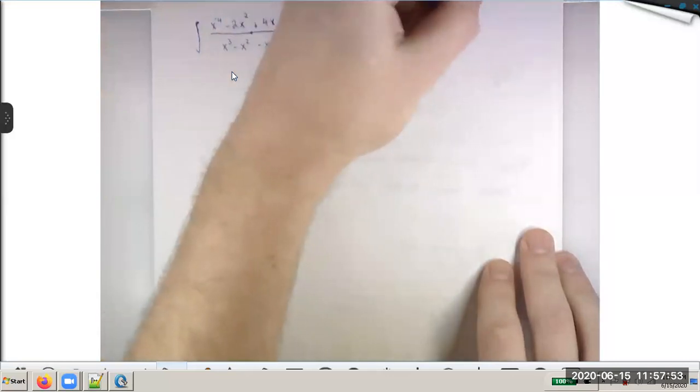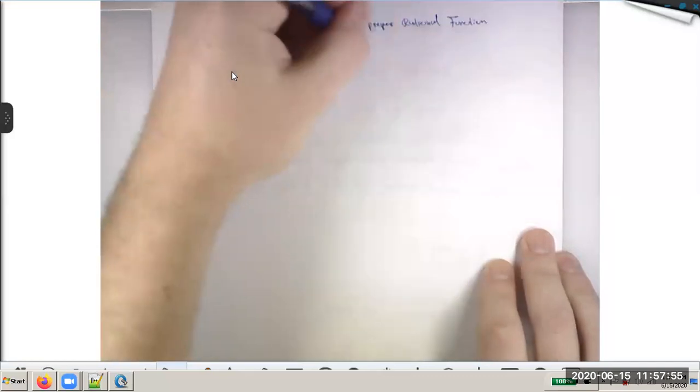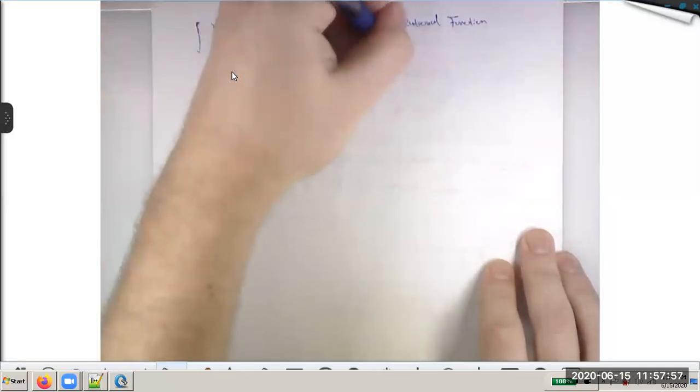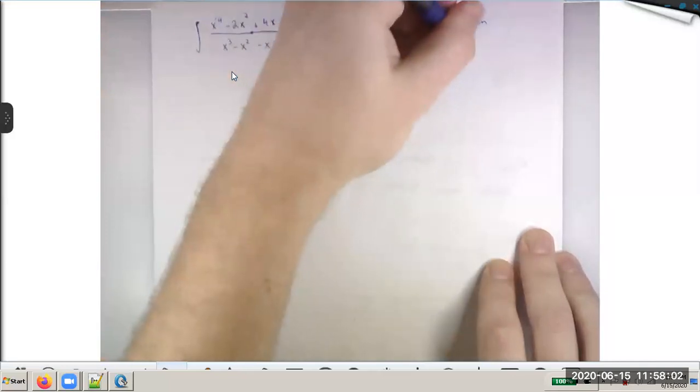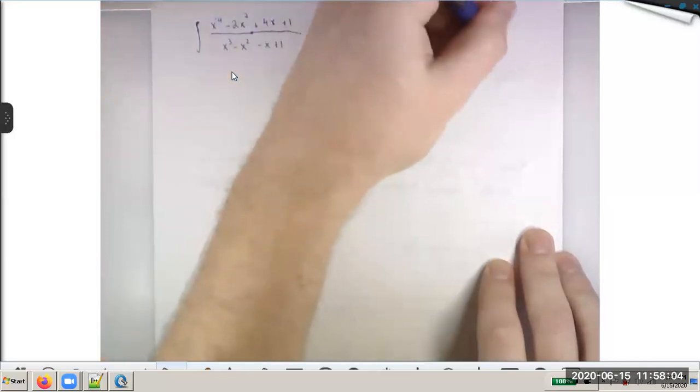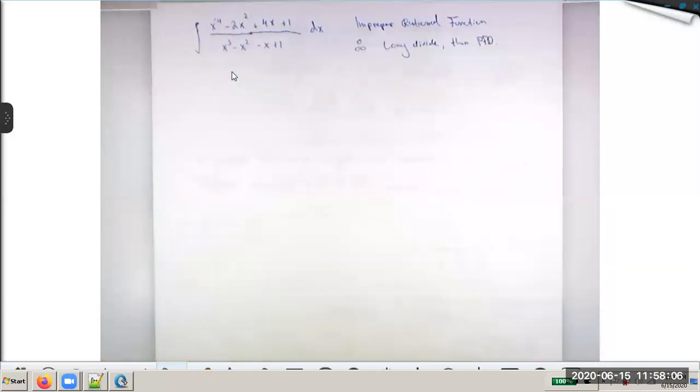So the improper rational function tells us we're going to long divide, then PFD. But we got to long divide first. This long division is a little bit gnarly.